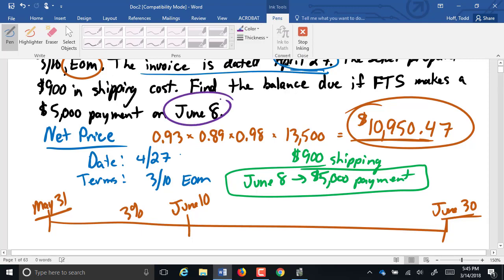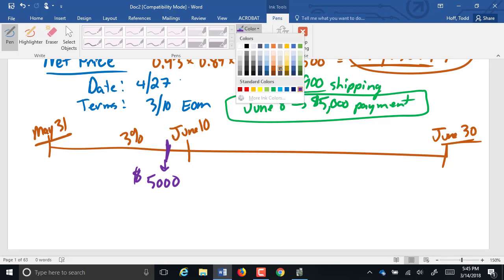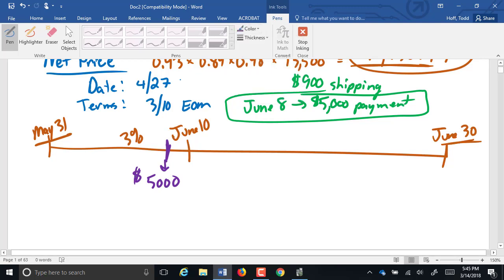But we have a payment on June 8th of $5,000. So that does give us a discount of 3%. So our credit times not 3%, but 0.97, gives us that amount paid of $5,000.